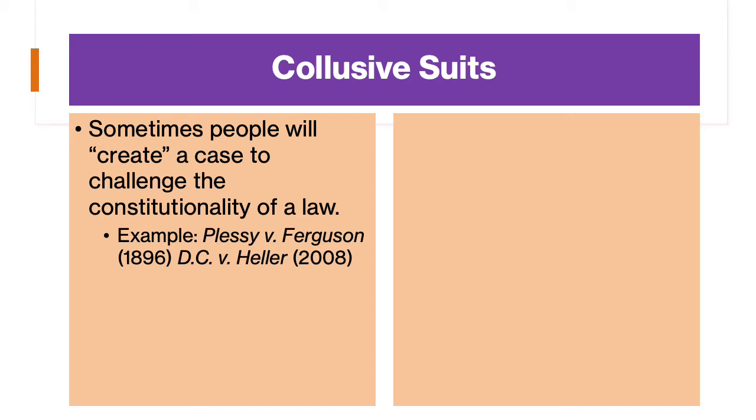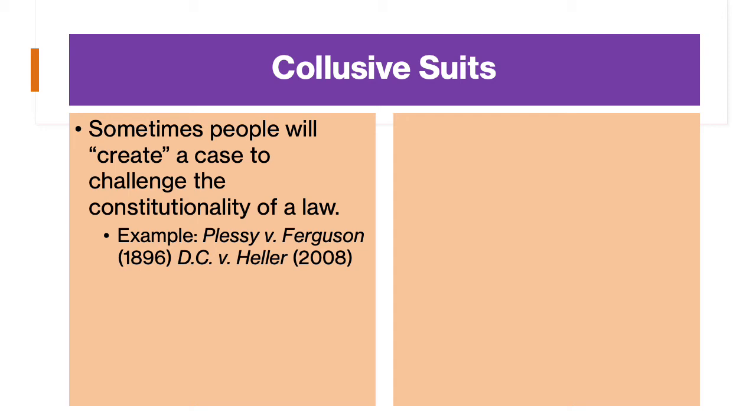But in your textbook, you're going to be reading about the landmark case D.C. versus Heller, which challenges the law in the District of Columbia that forbids the purchasing of a handgun, and the individual, Heller, was handpicked in order to make the strongest case possible to come before the Supreme Court. Plessy versus Ferguson is a good example of that.